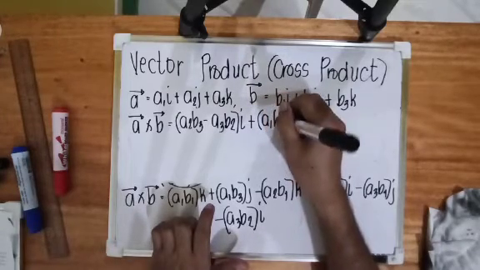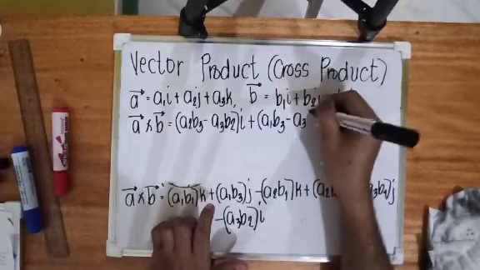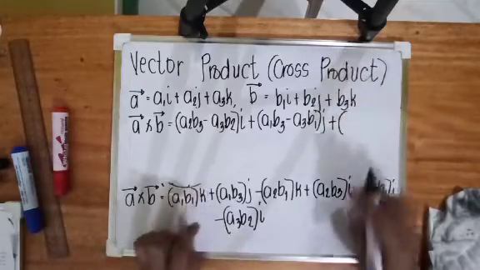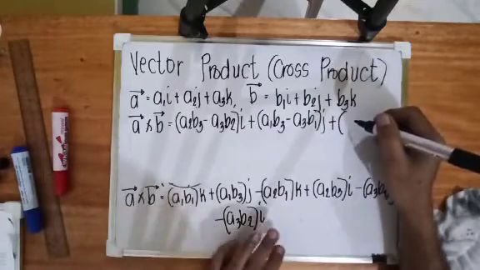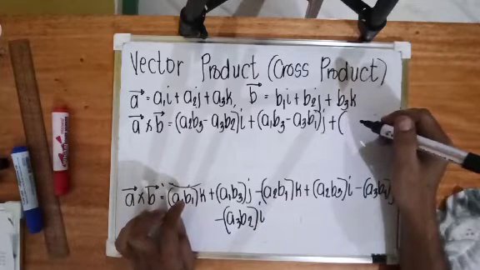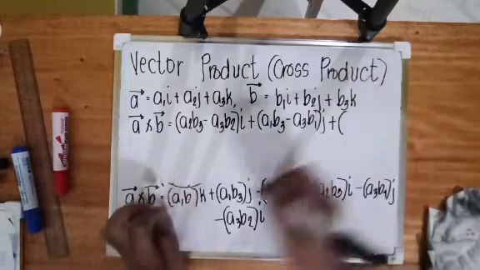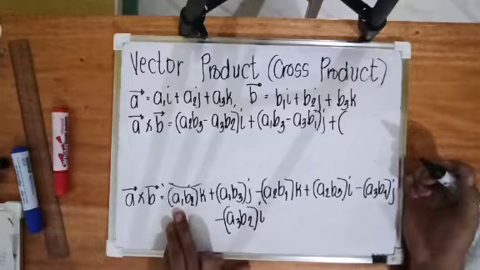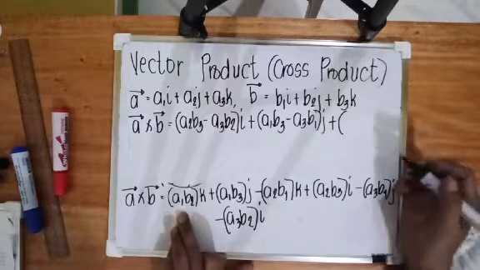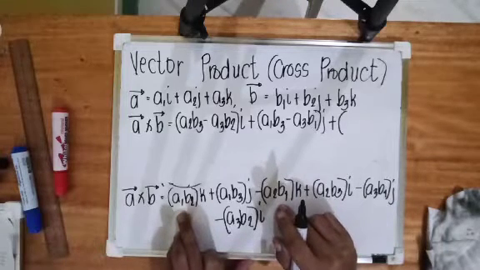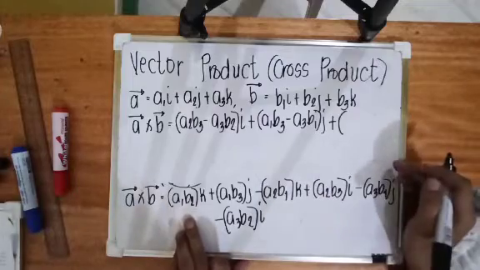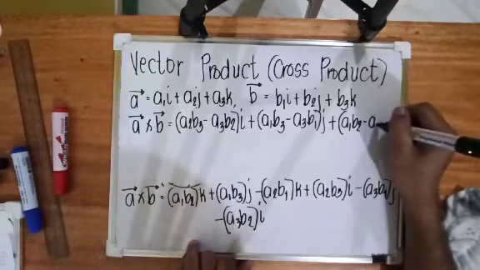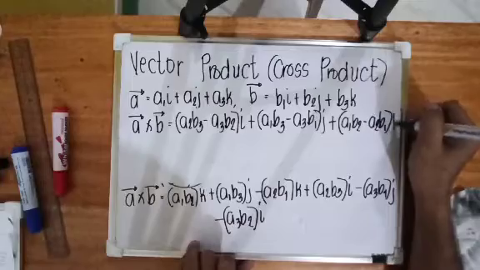So A1 B3 minus A3 B1 times J. Plus the K terms: A1 B2 and negative A2 B1. So A1 B2 minus A2 B1 times K.